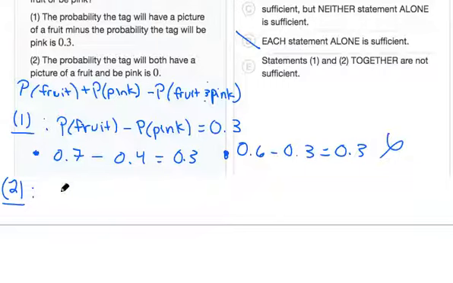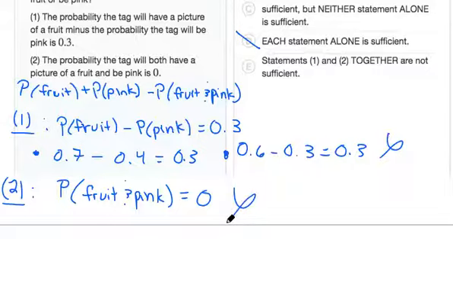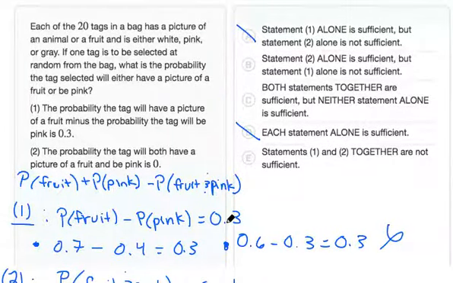So we can write this as the probability of picking one that has a fruit and is pink is equal to 0, and we know that no tags with a picture of fruit are pink. However, we still don't know the values of picking a fruit or being pink separately, so we cannot determine the probability asked for. This statement alone is not sufficient. So we can scroll up and eliminate answer choice B.